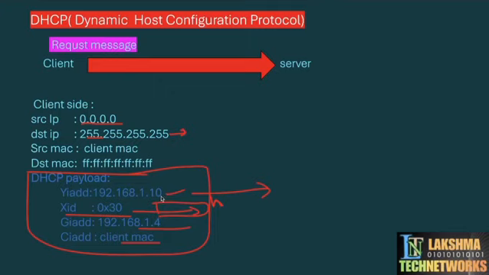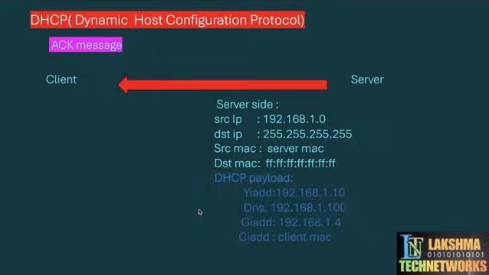It will check whether this IP address is available or not. Suppose this IP address is available on the server side, then the server says, okay, this IP is available, I have not assigned it to any host, so you can take it. At that time the server will send an acknowledge message to the client, saying I'm assigning this IP address, you can take it.